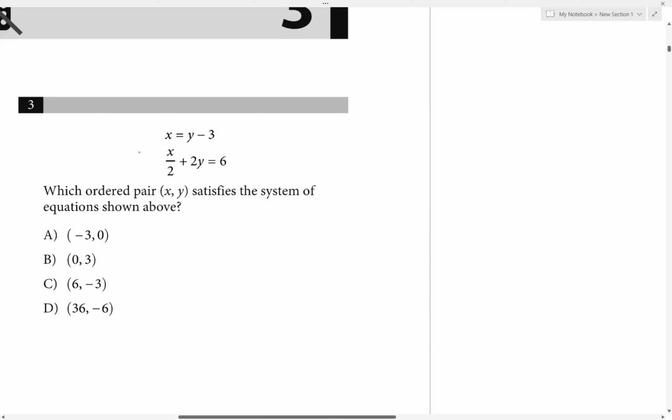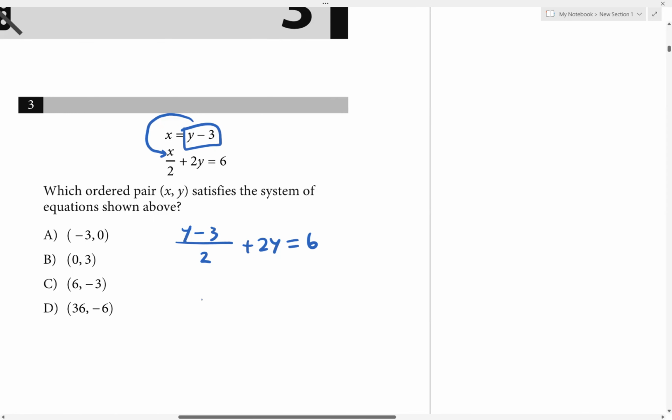Since we know x is equal to y minus 3, we plug that in where x is in the second equation. So now the second equation will be, instead of x over 2, (y minus 3) over 2 plus 2y equals 6. Once we have this equation, we can solve for y.